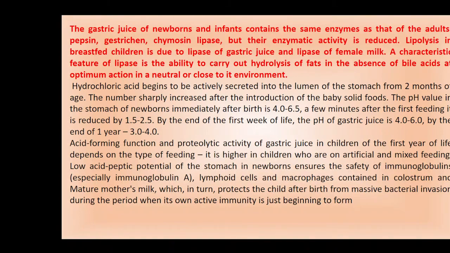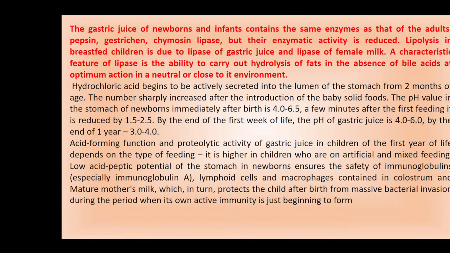The pH value in the stomach of a newborn immediately after birth is 4 to 6.5. A few minutes after birth, with feeding, especially the start of feeding, it is reduced to 1.5 to 2.5. By the end of the first week of life, the pH of gastric juice is 4 to 6.